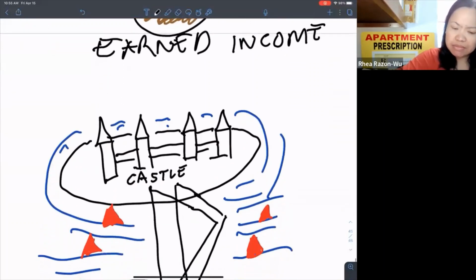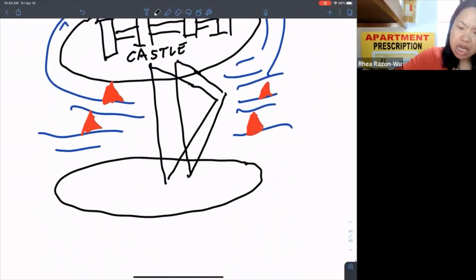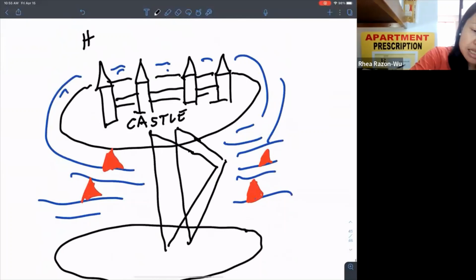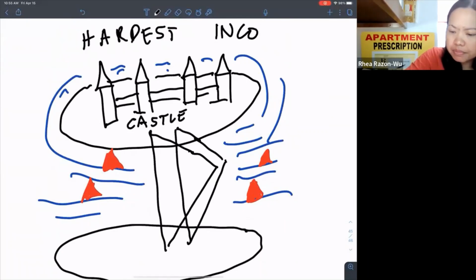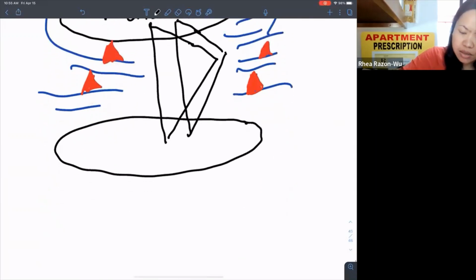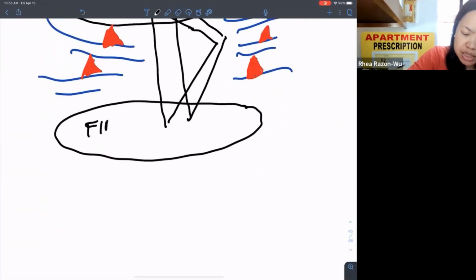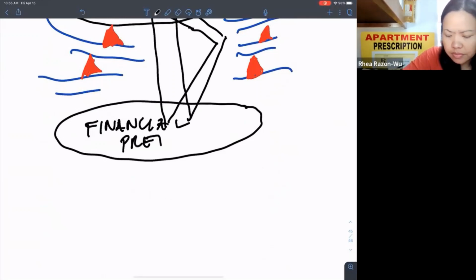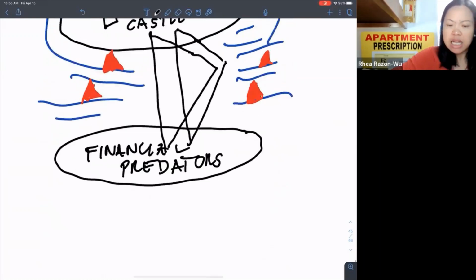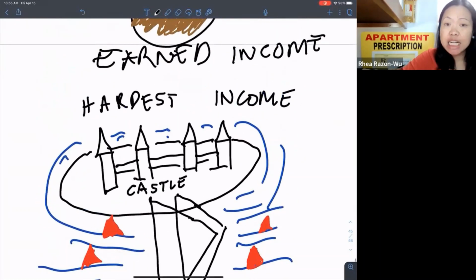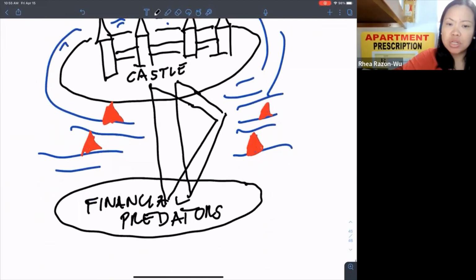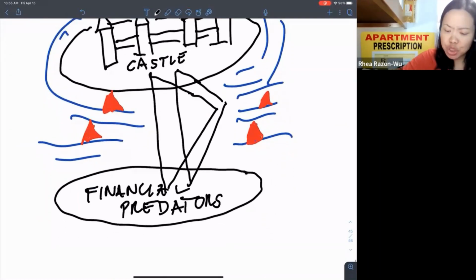Earned income is the hardest income to protect from financial predators.